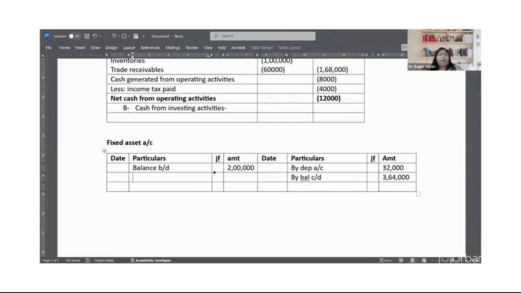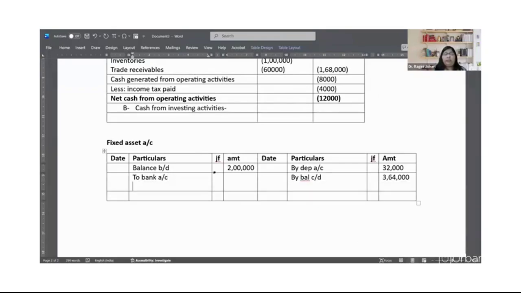year. Okay. So for this, what do we write? To bank account, and narration is written, that is purchase of new asset. Okay, let's see. So this is how much? 3,64,000 plus 32,000.